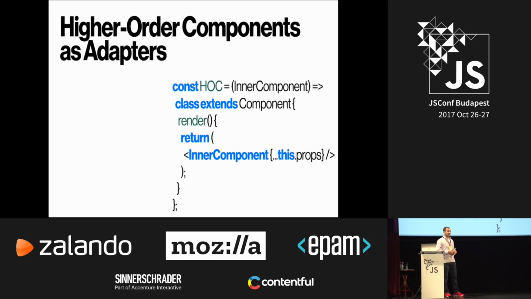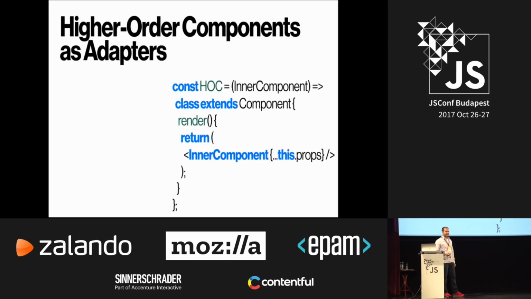And probably, at least for the first period of time of migration, you really want to reuse this library. And for that purpose, we used higher-order components as adapters. If you don't know, a higher-order component is a very powerful technique that helps you to reuse components logic while remaining components composable. It's a function that takes a component and returns another component.